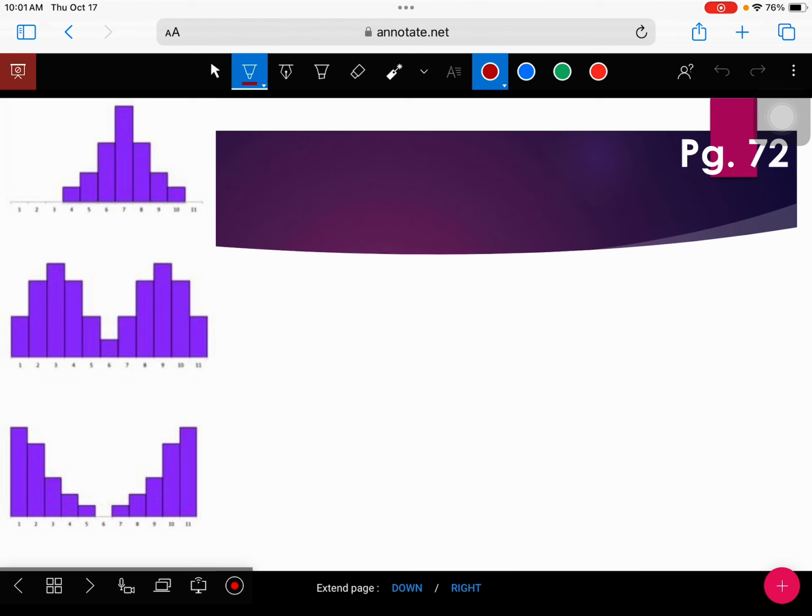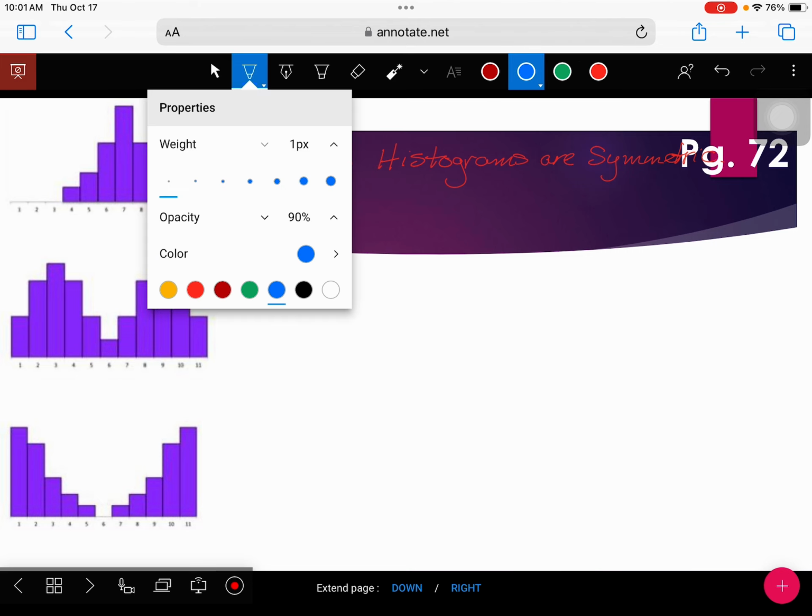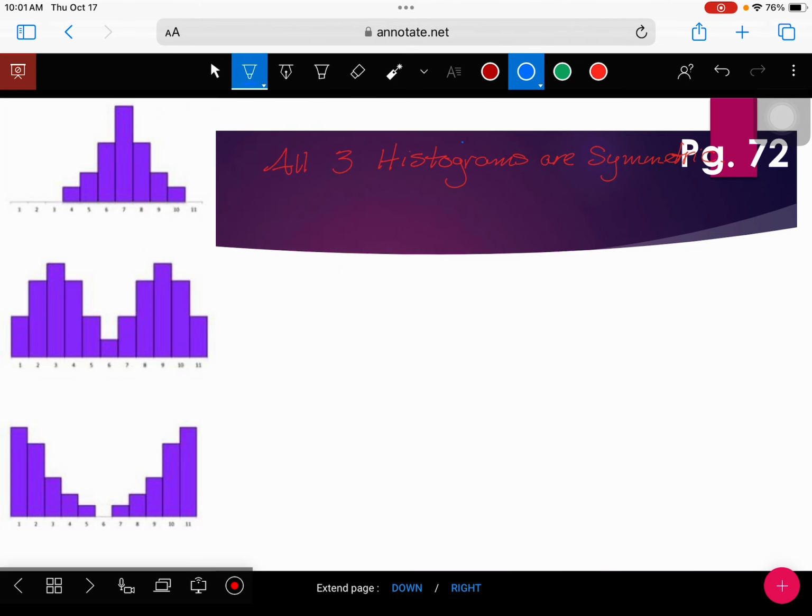So, first thing we're going to say is all three histograms are symmetric. Now, I also just remember that at the top of your paper, it talks about standard deviation.